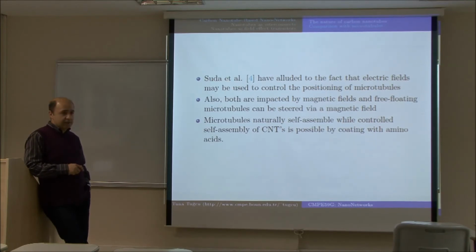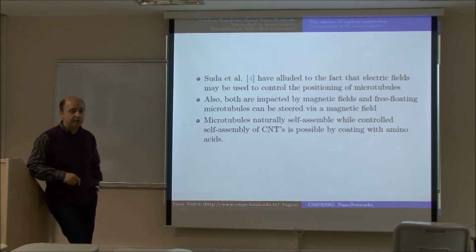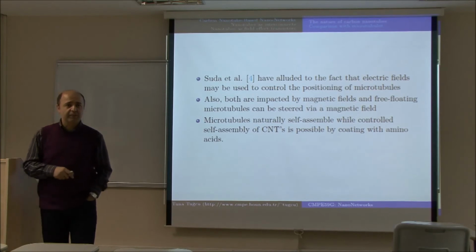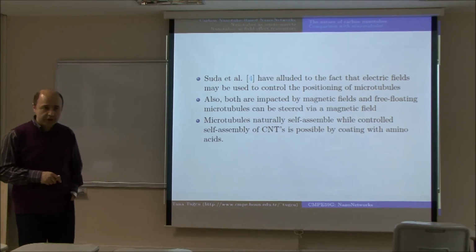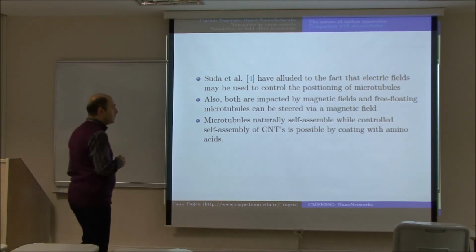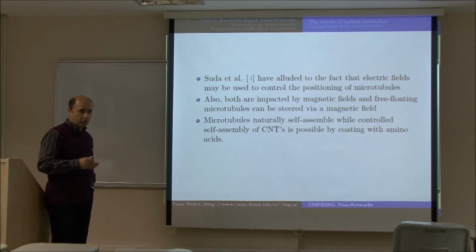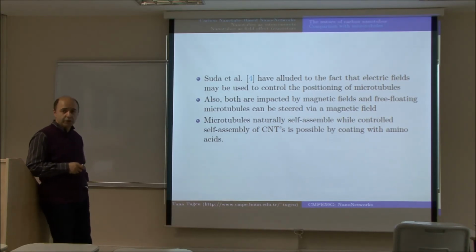Suda and Michael Moore have alluded to the fact that electric fields may be used to control the positioning of microtubules. We'll briefly discuss this later on also. But you can change the behavior or the positioning of the microtubules by playing with the electric field.